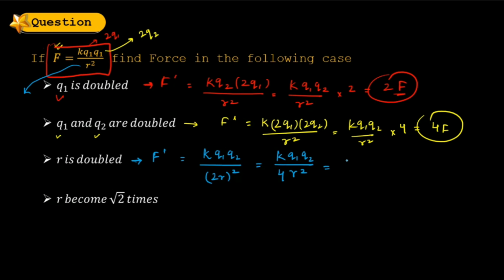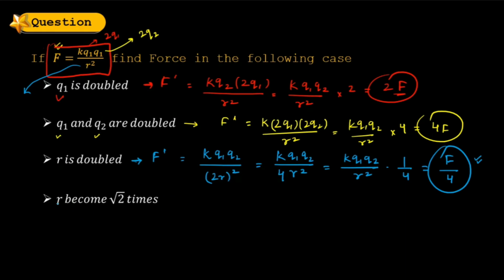So here we can see that the force is going to be 1 by 4th of the initial value. So if the distance between the charges is doubled, the force will reduce to 1/4 of its initial value.